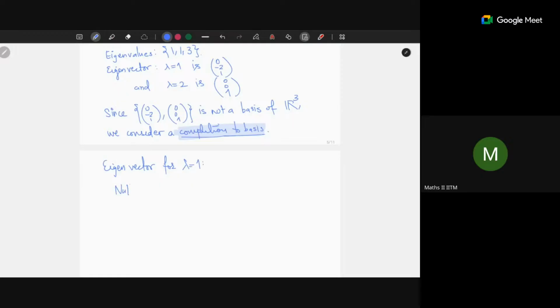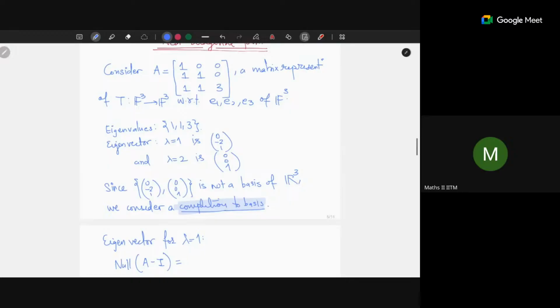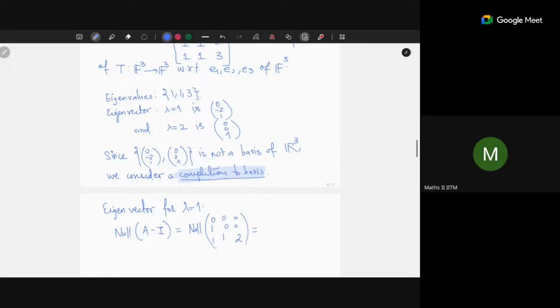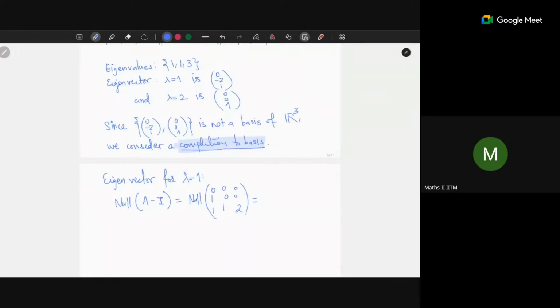That means you need to calculate the null space of A minus I. What is A minus I? It will be the null space of the matrix with rows 0, 0, 2; 1, 1, 1; 0, 0, 0. Now, what is the null space? You also need to perform one more row operation. So this is equivalent to finding the null space of the matrix with rows 0, 0, 0; 1, 0, 0; 0, 1, 2.